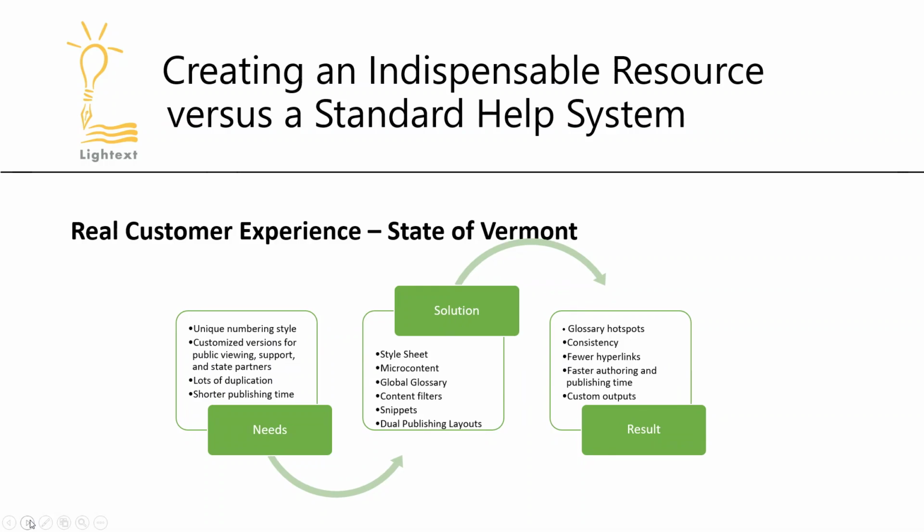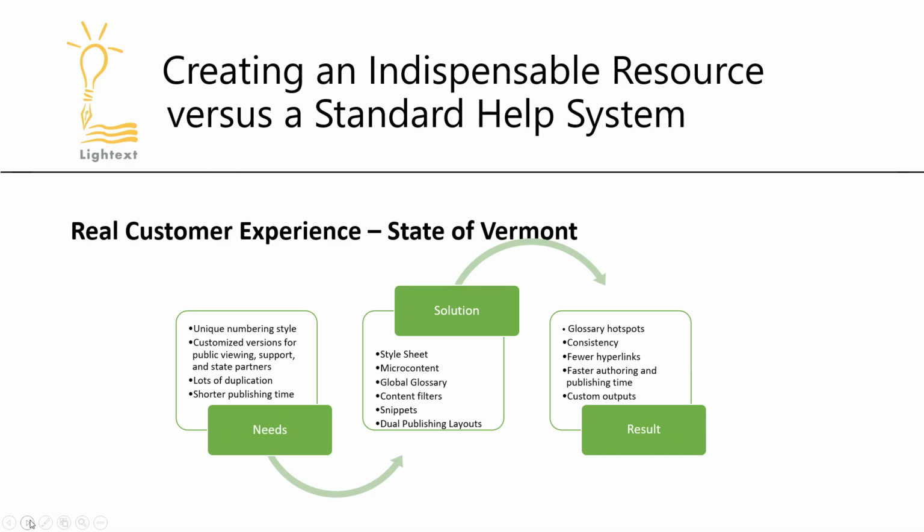And finally, the last experience that I will share is with the state of Vermont. This is what we used for our first demonstration. This is a public-facing manual, so everything I share here is available to the public. But they had a very unique numbering style that they had to implement with their procedures to be in compliance with their state partners.